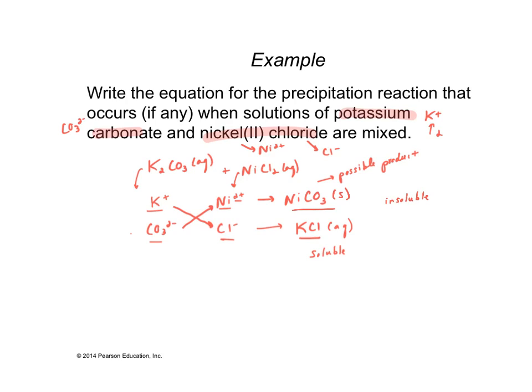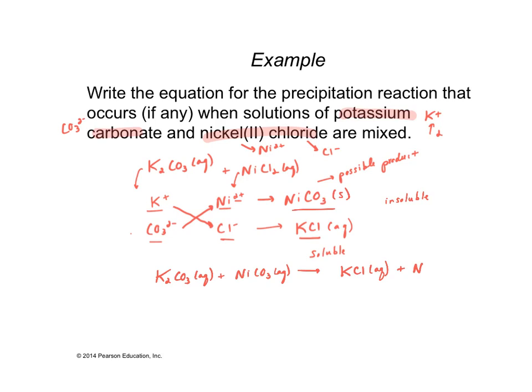So now to complete this, I'm going to rewrite my reactants and my products and their physical states. So I've got K2CO3 aqueous plus, wait, where did I get nickel carbonate?